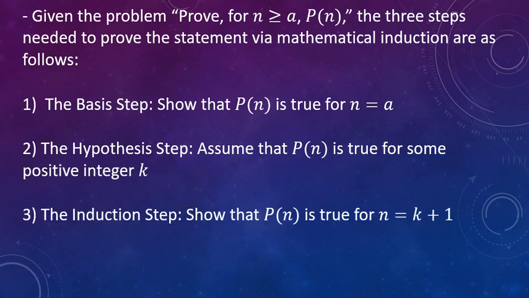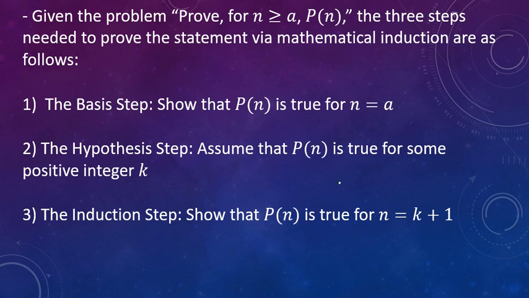The third step involves the most work. It is the most confusing. It is the easiest place for people to get tripped up when you do problems or when you prove things using mathematical induction. This is known as the induction step, and you have to show that the statement P of n is true for when n is equal to k plus 1.